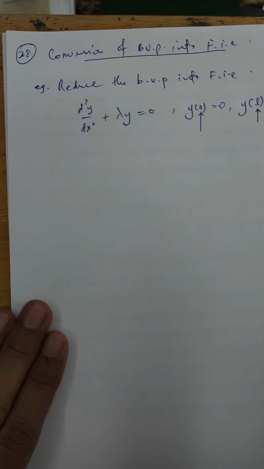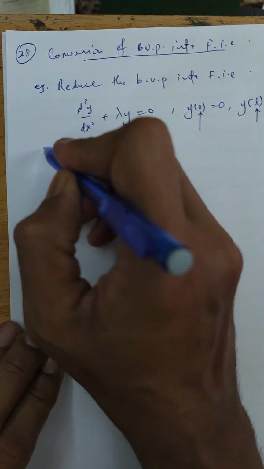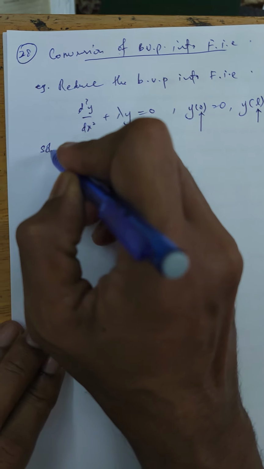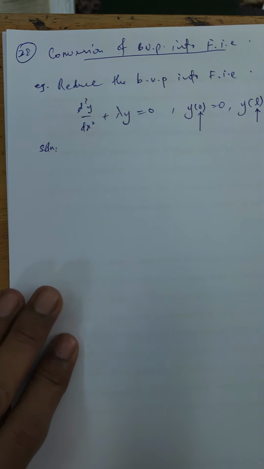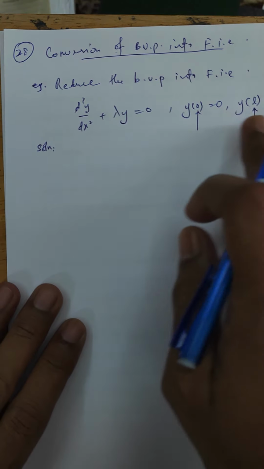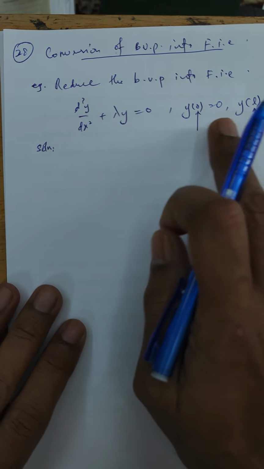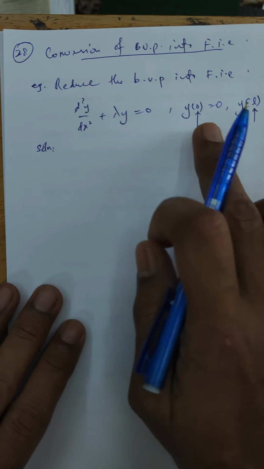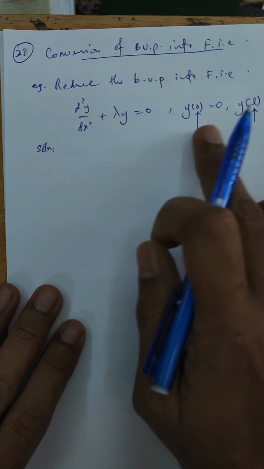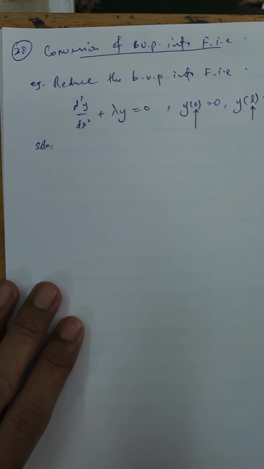Alright, now how to solve this? The steps are almost similar to the previous one, except here we have two boundary conditions with the same y.